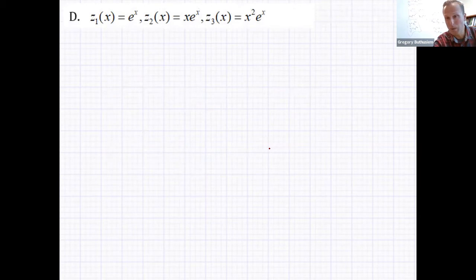Here, this one is one I want to spend a little more time on. Again, we're not going to do this whole thing, but I want to spend a little more time on it because this is three functions. So here's another one. These three are going to be independent with one another. But I just need to show you how to do the Wronskian with a three-function set. So same deal. We're going to create a determinant, but in this case, we have to create a 3x3 determinant.